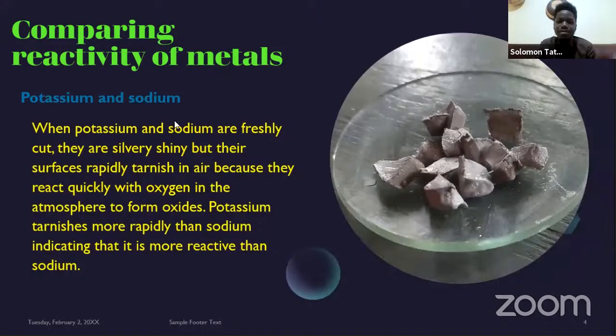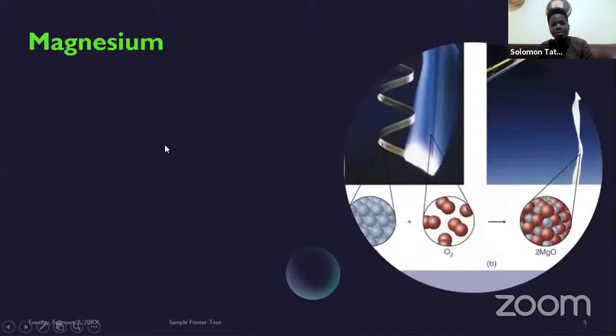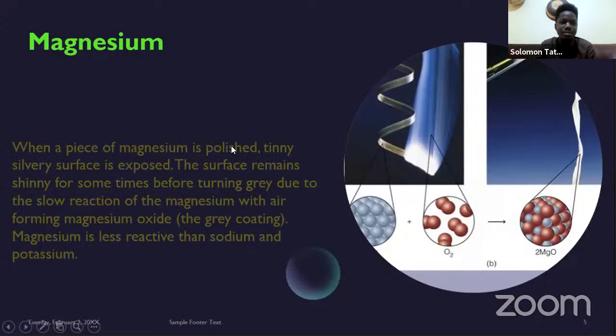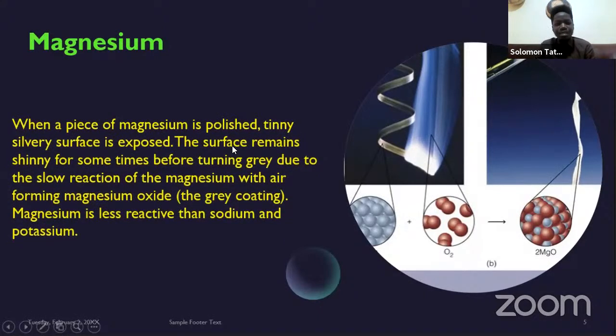We can continue. Let's look at another metal. Magnesium, how magnesium reacts. When a piece of magnesium is polished, a silvery surface is exposed.